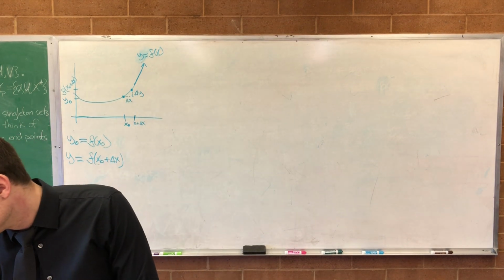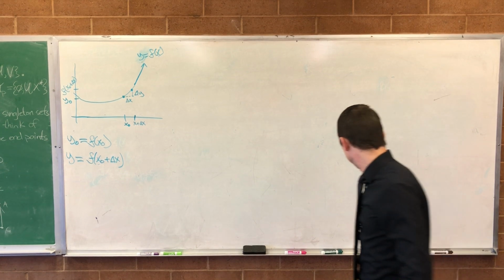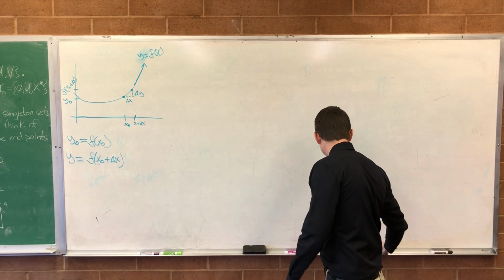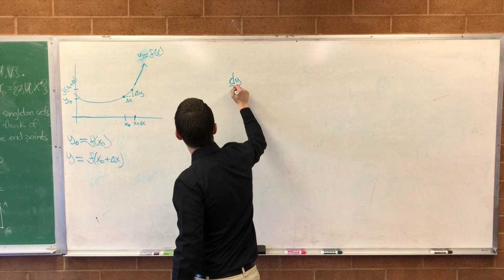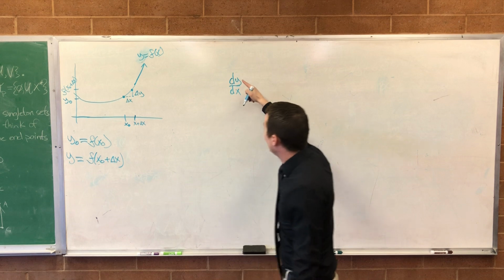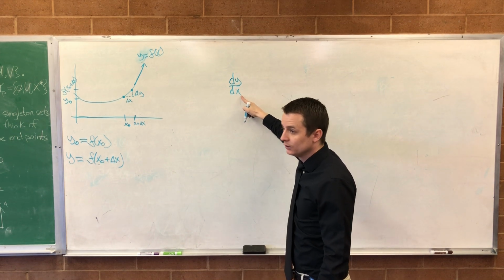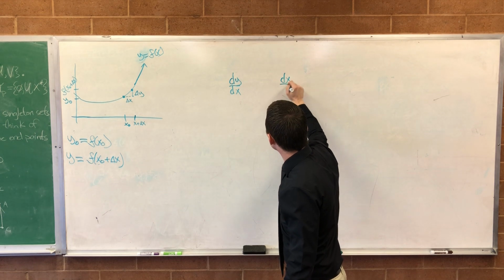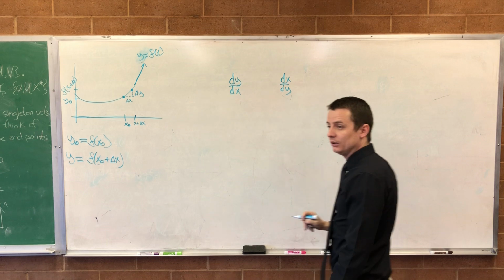So what is the difference between dy dx and dx dy? One is the inverse function of the other. Right. dy dx means y is a function in terms of x, and we're taking the derivative that way. Oh, okay. dx dy means we're now viewing it as x is a function in terms of y, and we're taking the derivative that way.